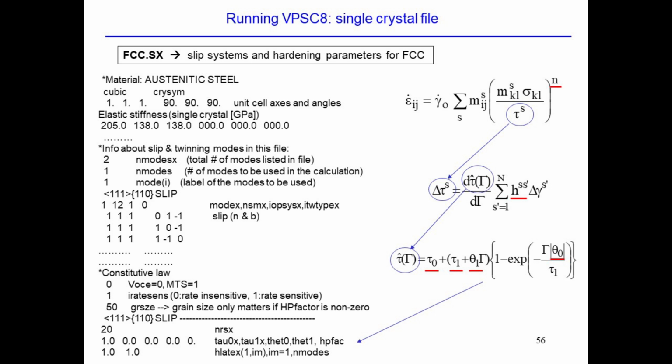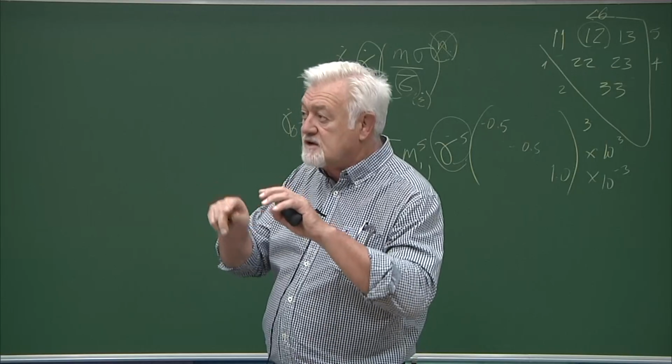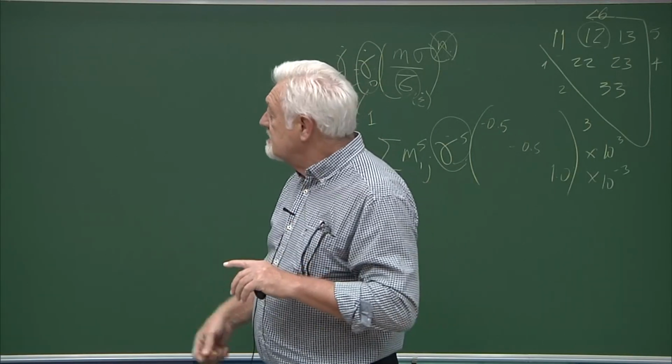And then there is the latent hardening. The latent hardening are these coefficients here, H_SS'. In principle, for this subroutine, they couple different modes. So if you have a basal slip and pyramidal slip in hexagonals, they are the ones that couple basal slip with pyramidal slip, basal with basal, pyramidal with pyramidal, and so on.